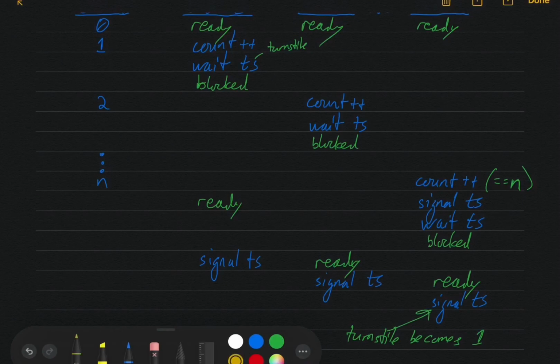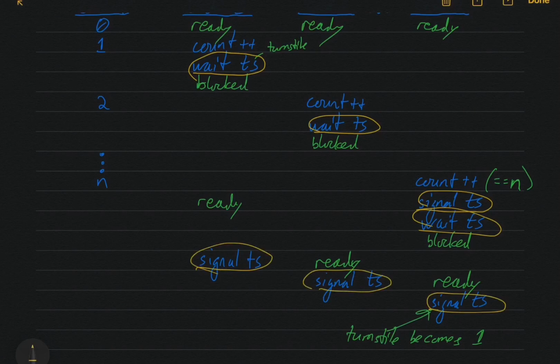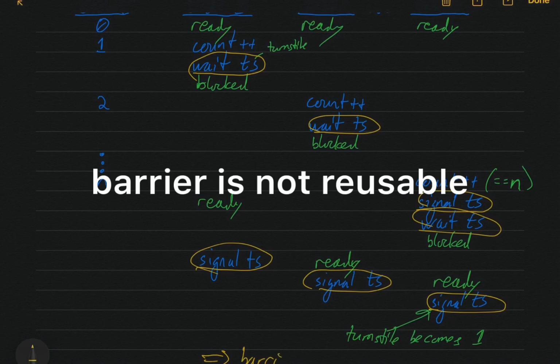Just to help you see that, we had a wait here, a signal, a wait, a signal, and a signal. If you count those up, we've got 3 waits and 4 signals. Because the turnstile is left at 1 instead of 0, the implication is that the barrier is not reusable.